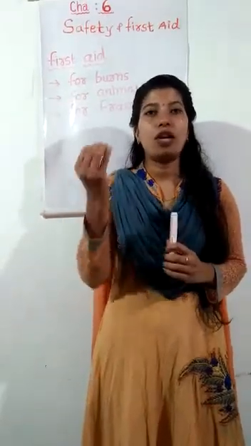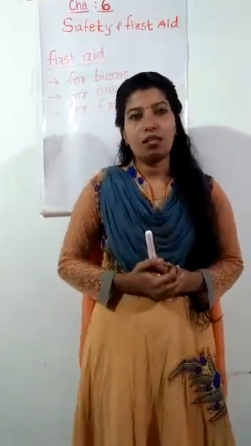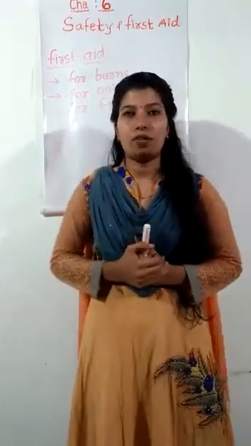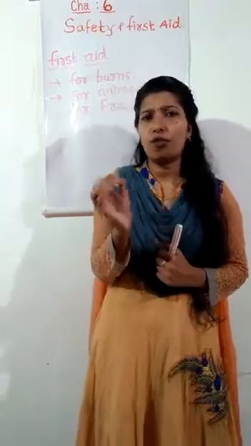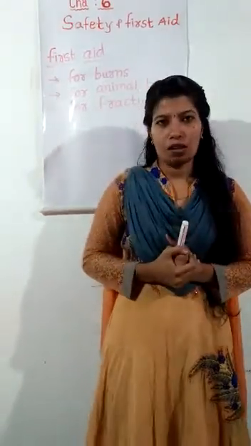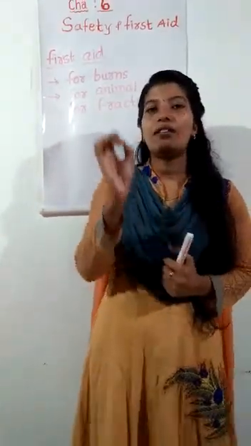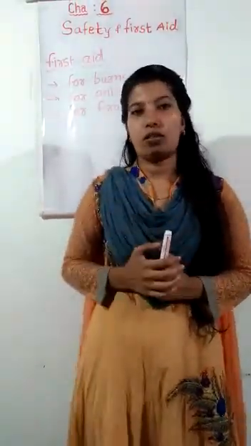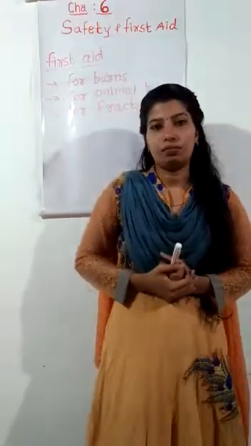So let's move on to the next topic, that is first aid for animal bites. How do we give first aid for animal bites? The most common animal bites are caused by pets such as cats and dogs, and even other animals.